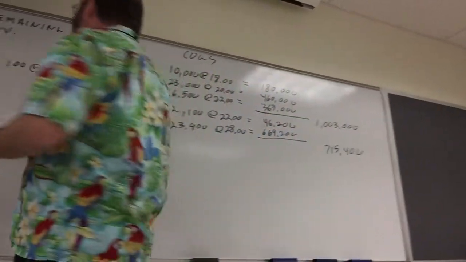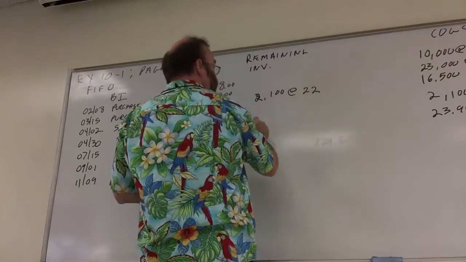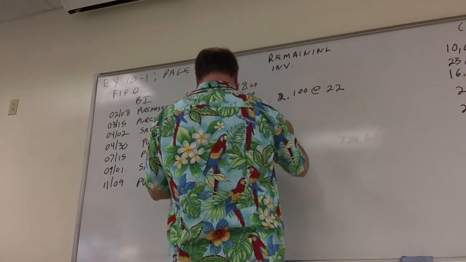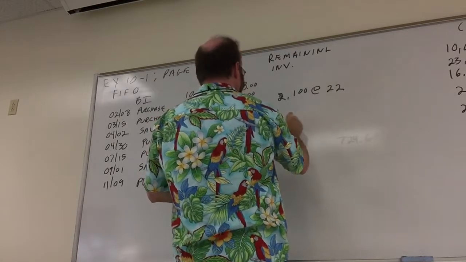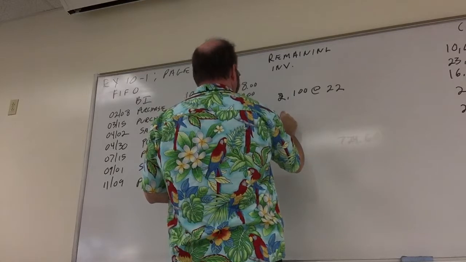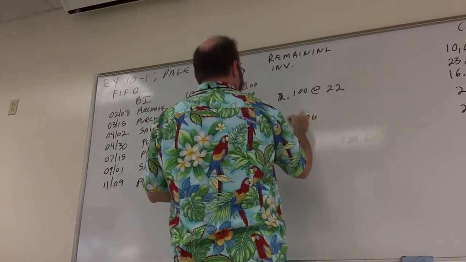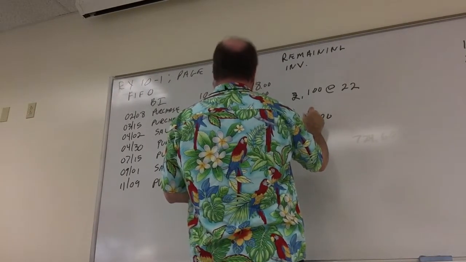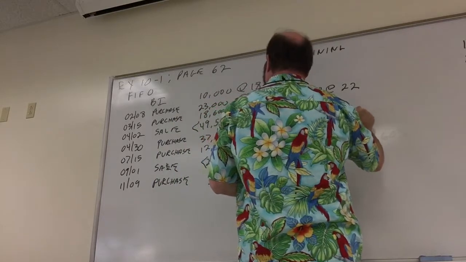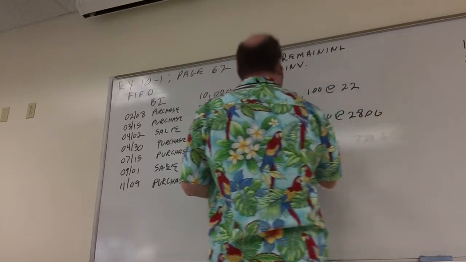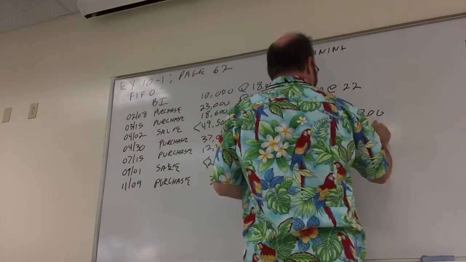And that leaves us remaining in inventory 23,900 is 100. 13,100 at 28. We have all of the 12,400 at 31.